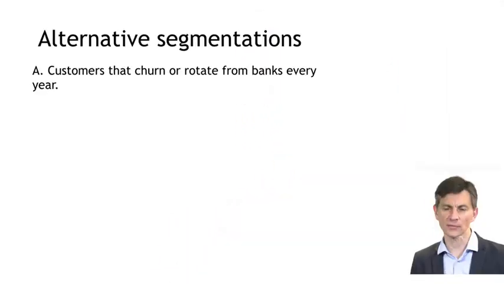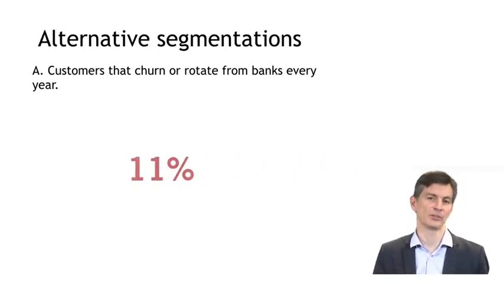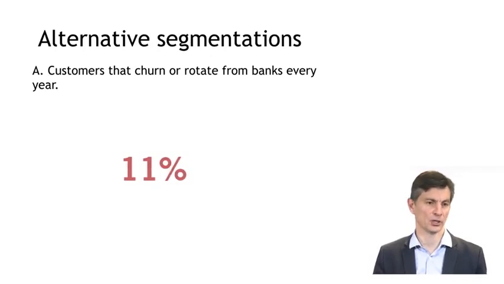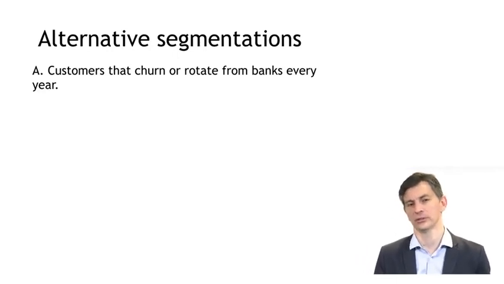But the possibilities don't stop right here. Let's think about some more possibilities and alternative ways of addressing a specific segment of customers. For example, we know from the case that roughly speaking 11% of the customers rotate, or churn, or switch banks every year. Will you concentrate on this particular set of customers?